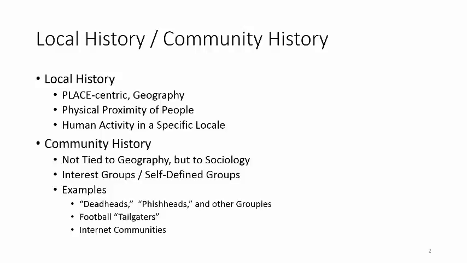Doing this kind of history of human activity in a locality incorporates geography, physical geography, legal geography, economic geography, social geography. Community history, on the other hand, does not have to be tied to geography, though it can be.